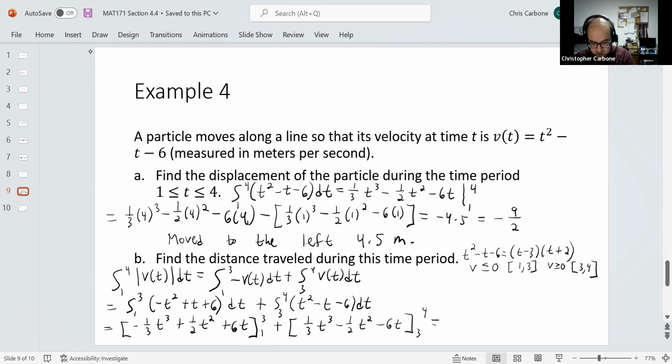Evaluating this gives us, as a fraction, 61/6, and as a decimal that rounds to about 10.17 meters. That's the entire distance traveled during that time period.